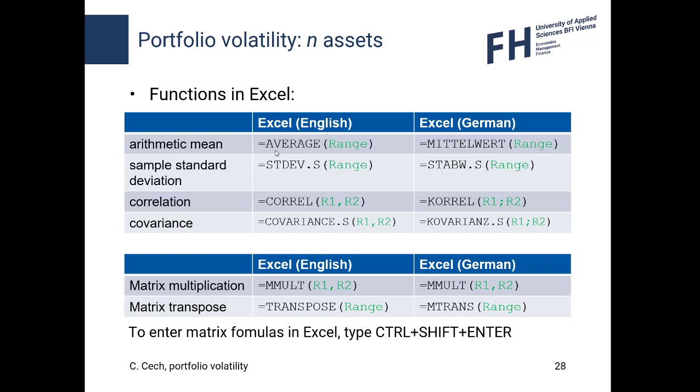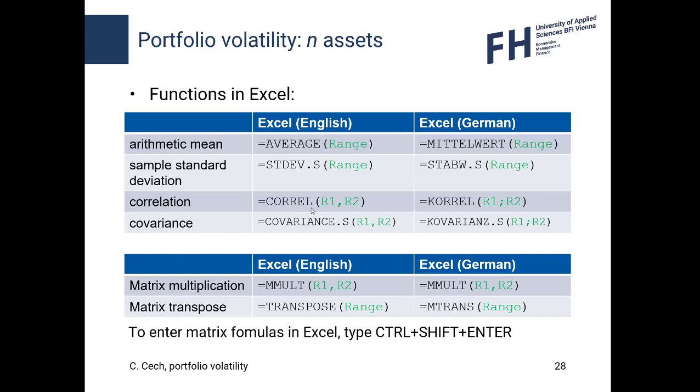The Excel function to calculate this is AVERAGE, and here in range you simply choose the 36 return observations. As for the volatility for every single stock, I used this function here. The volatility is estimated as the sample standard deviation of the 36 return observations.